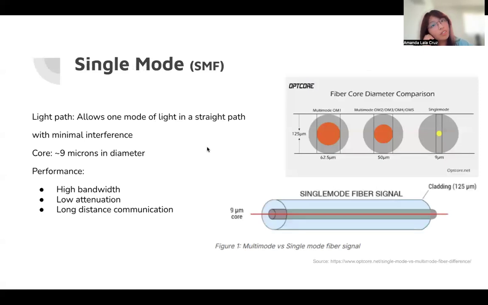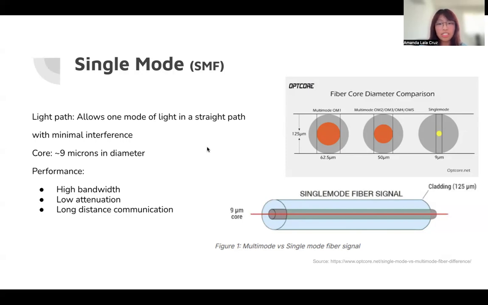One of the major topics we'll talk about is single mode fiber, which allows one mode of light in a straight path with minimal interference. Usually the core is very small, around 9 microns in diameter, and the performance is high bandwidth, low attenuation, and long distance communication.